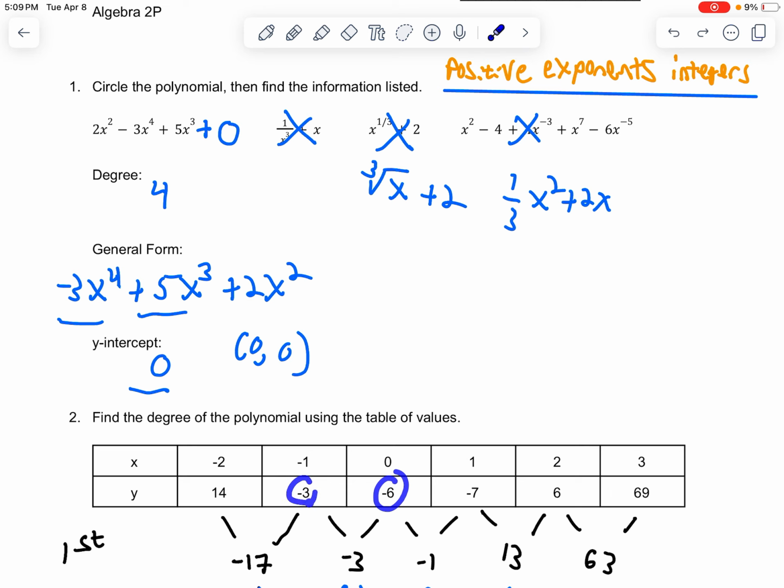Negative 6 minus a negative 3 is negative 6 plus 3. That gives you negative 3. Negative 7 minus a negative 6 is negative 7 plus 6. And that's negative 1. 6 minus a negative 7 is 6 plus 7. That gives you 13. 69 minus 6 gives you 63.